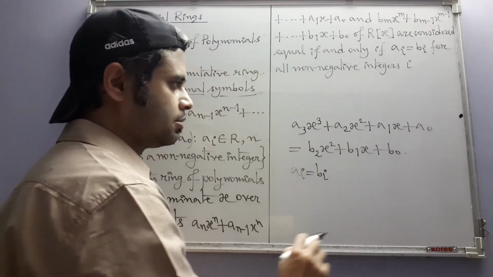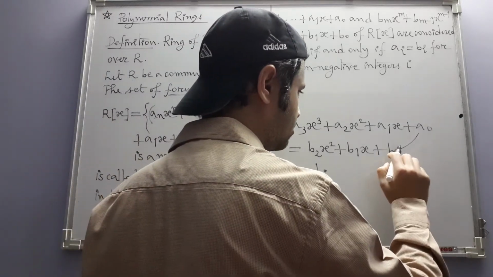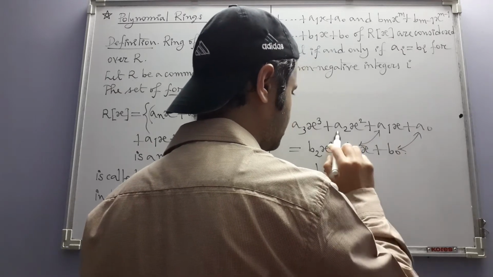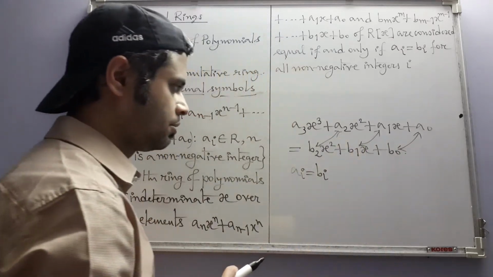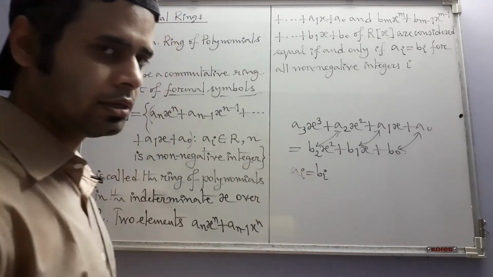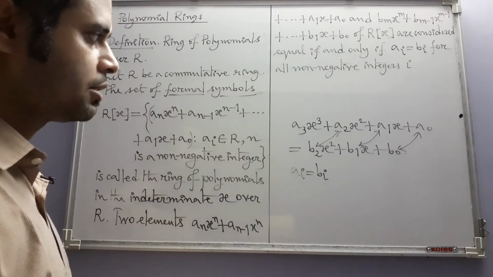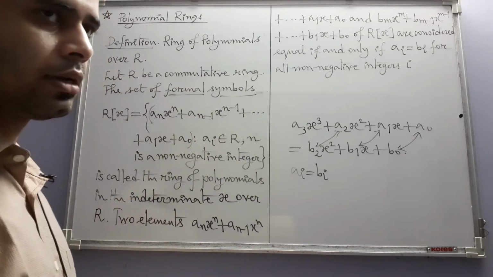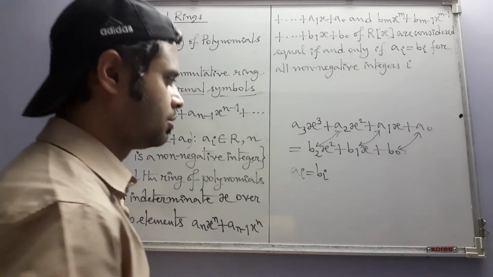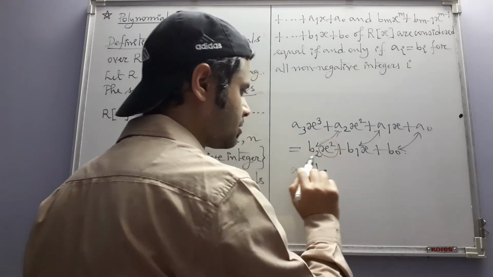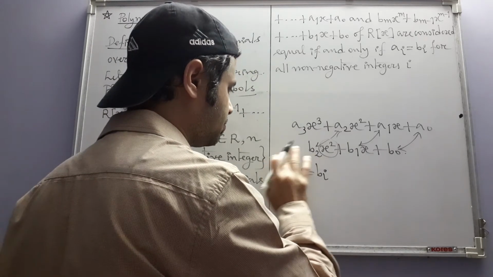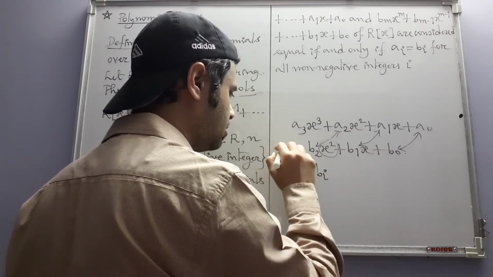So that means b_0 should be equal to a_0, b_1 should be equal to a_1, b_2 should be equal to a_2. But where is b_3? We don't see any b_3 here. So for such purposes, b_3 and any other coefficient belonging to some higher powers of x are considered to be 0.